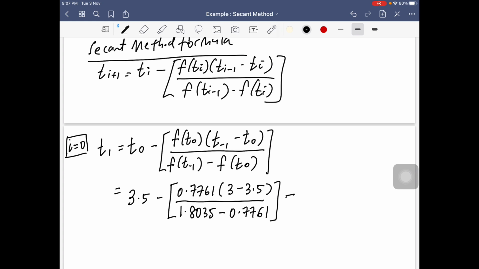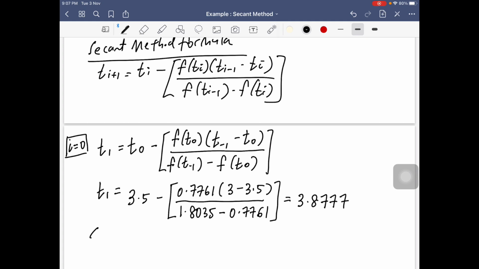If you use your calculator and set to 4 decimal places, you should get 3.8777. So this is your t1.